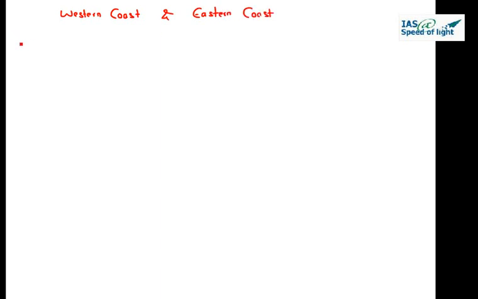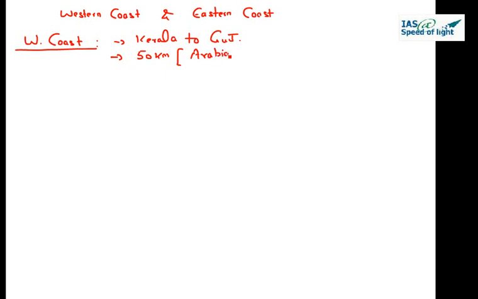First, if we start with the western coast, the first point we should note down is that it extends from Kerala to the state of Gujarat. Width is approximately 50 kilometers, between, obviously, the Arabian Sea and the Western Ghats.